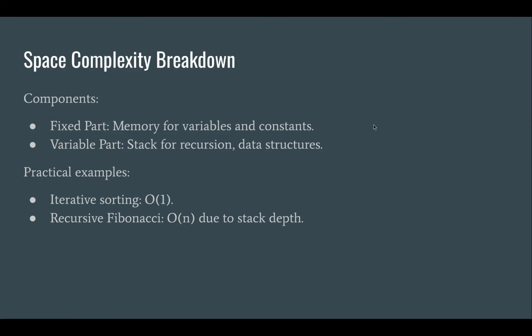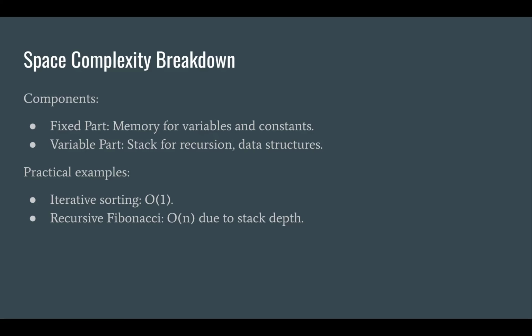Space complexity breakdown. Let's break down space complexity further. Fixed memory refers to constants and variables, which remain the same regardless of the input size. Variable memory, however, depends on the data structures or recursive calls used in the algorithms.